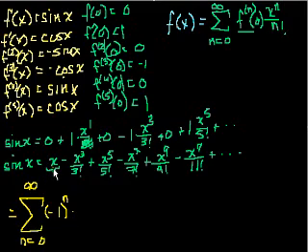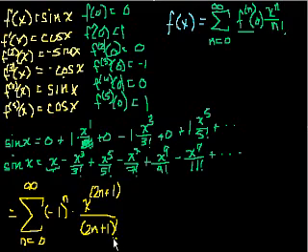Times, and so the 0th term is x. So it has to be x to the, let me see, 2n plus 1. Does that work? Right, because the first term would then be 3. Right, x to the 2n plus 1 over 2n plus 1 factorial. It's almost easier when you just write it out like that.